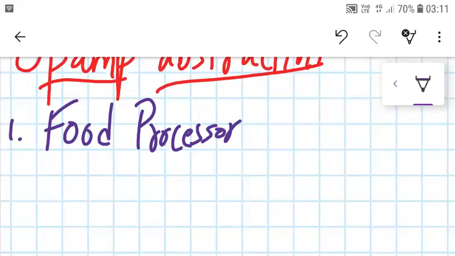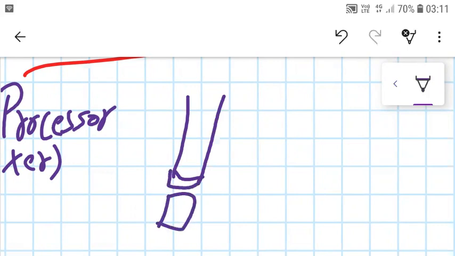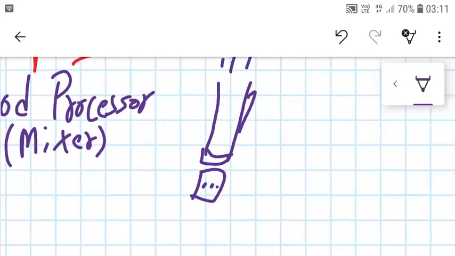In normal language, it's also called a mixer. It's like a jar kind of shape, and you have operating buttons here, and you can feed in the stuff from here to mix it. So this is basically what you mean by a food processor.